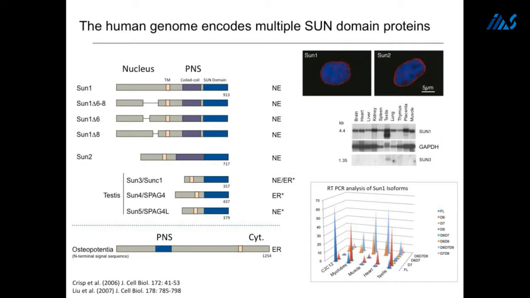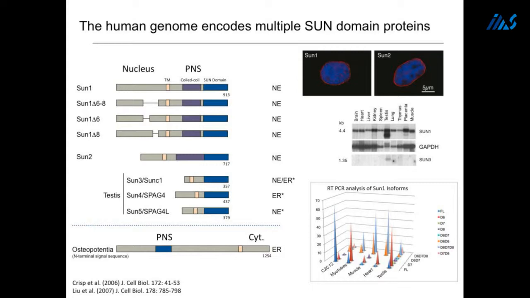Okay, so what might be happening in mammalian cells? Well, we know that the human genome encodes multiple SUN-domain proteins. The most significant being SUN1 and SUN2. SUN1, needless to say, comes in a whole pile of different splice isoforms, the significance of which we still really don't understand.